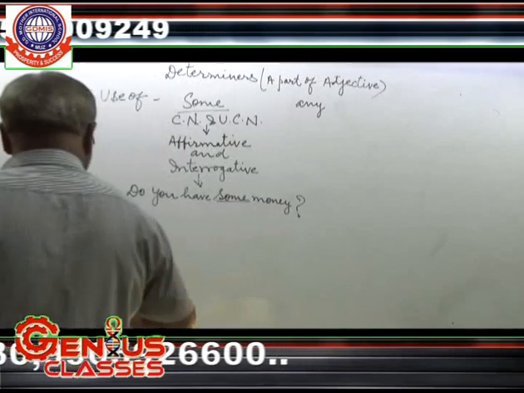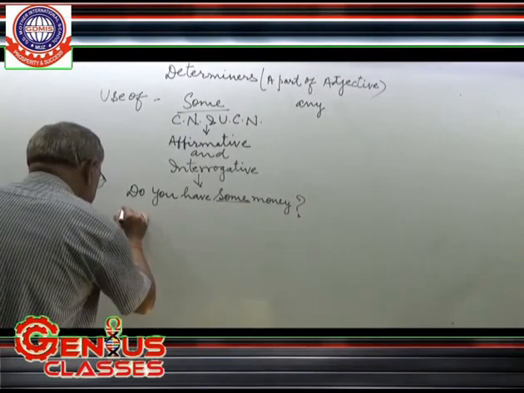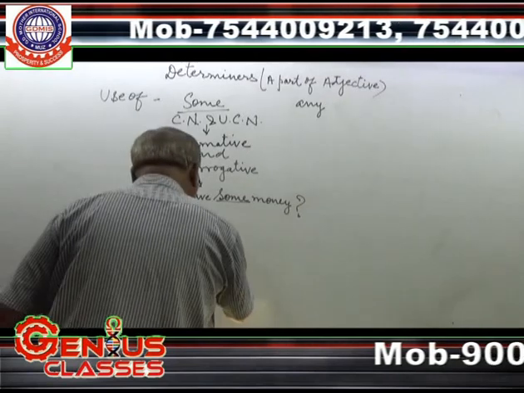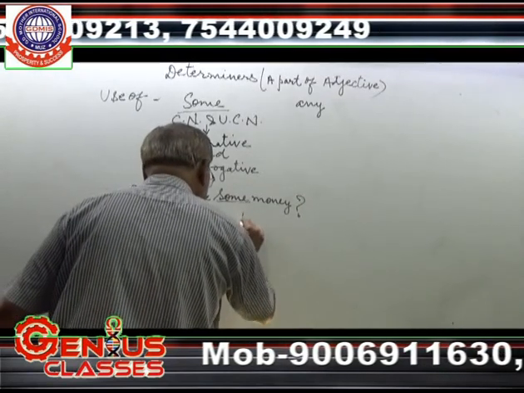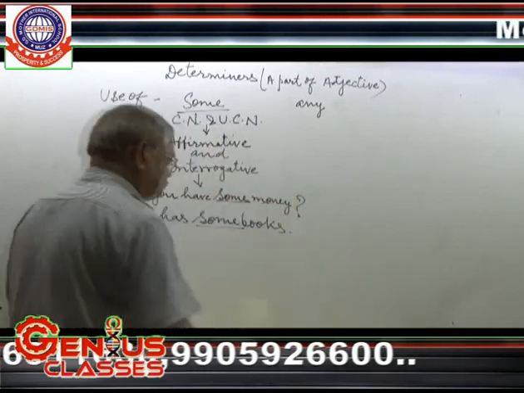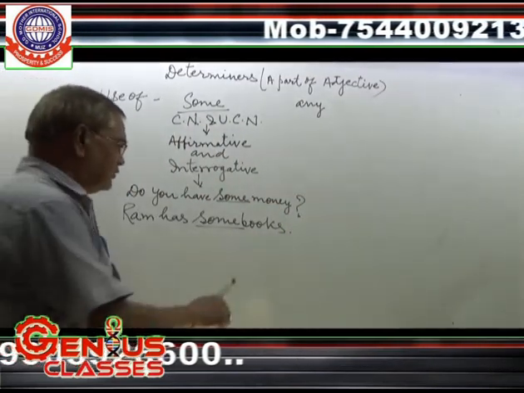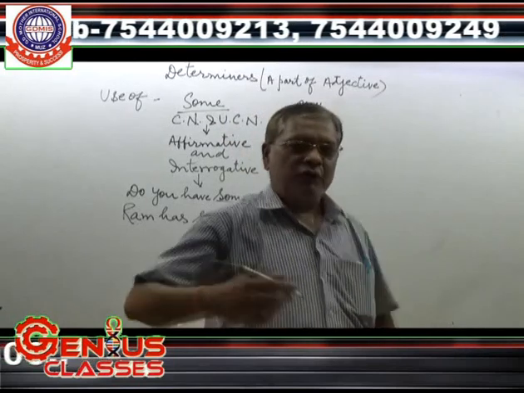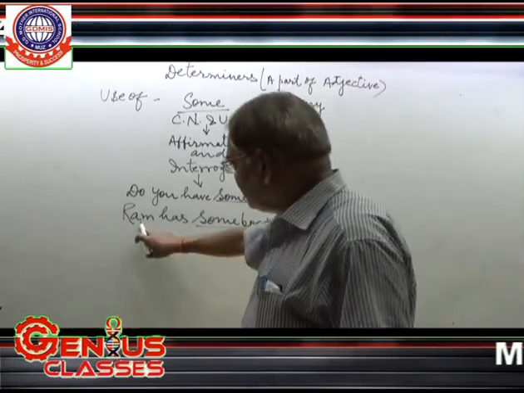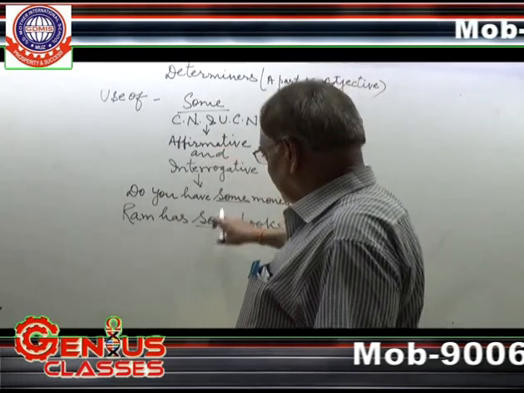Now one more example. Ram has some books. Here book is a countable noun, and beforehand some is used. This is an affirmative sentence.